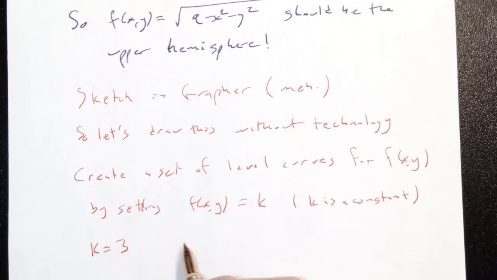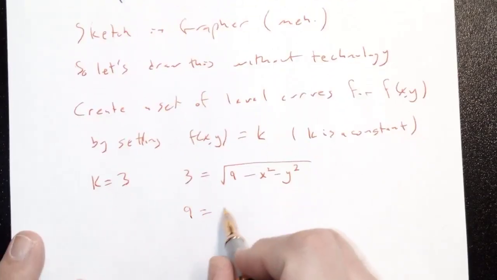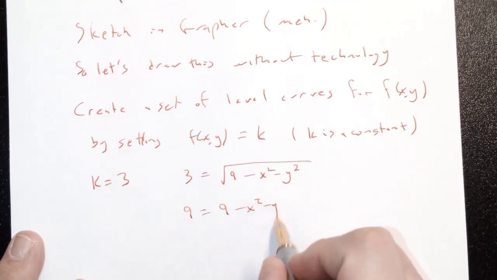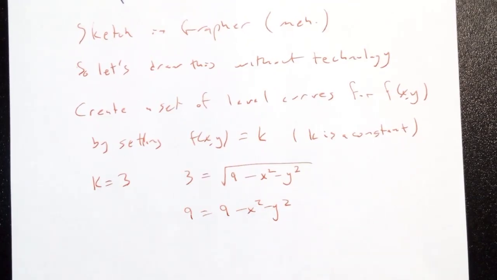Well, then I would have 3 equals the square root of 9 minus x squared minus y squared. And that describes a set of x and y in the plane. So let's solve for x and y. All right, I square both sides. I move the variables from right to left.